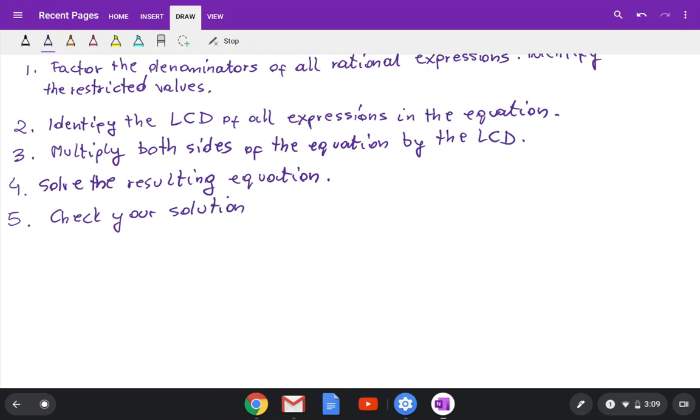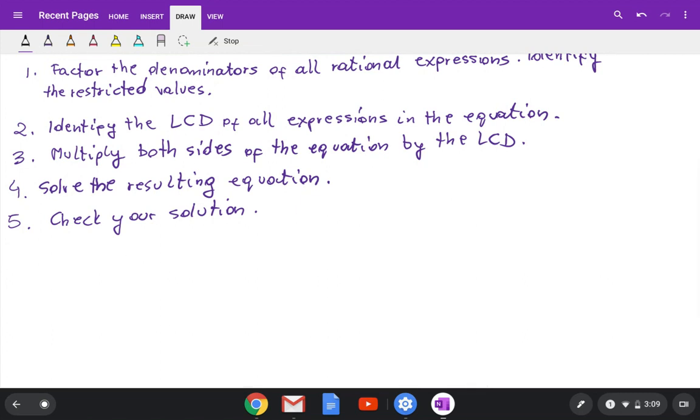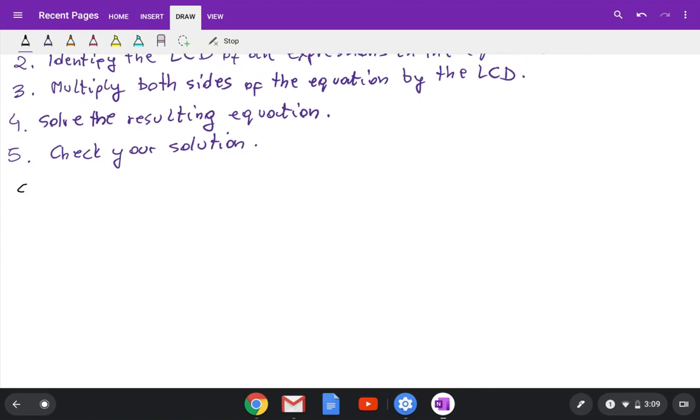So we're going to apply those steps. We're going to start slowly, and we will start solving easier equations, then we will start working on the more advanced. So example 1. Solve equations containing fractions.